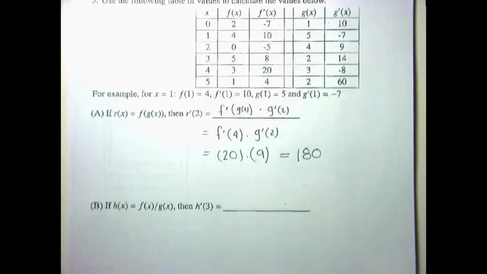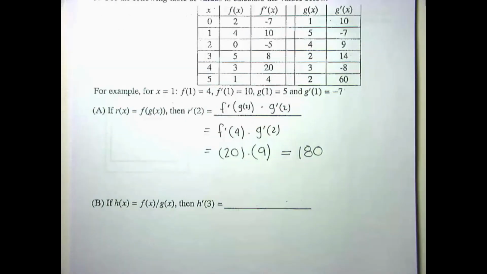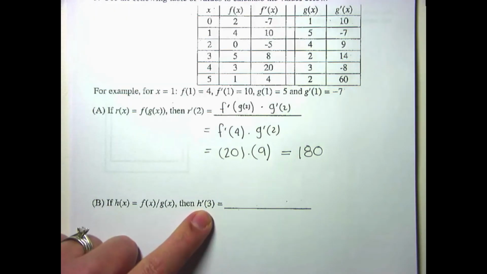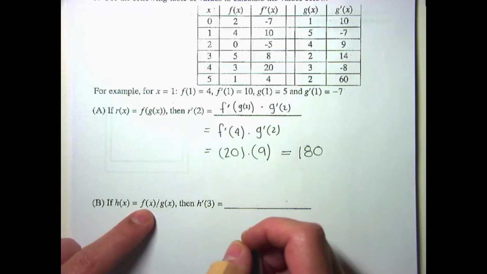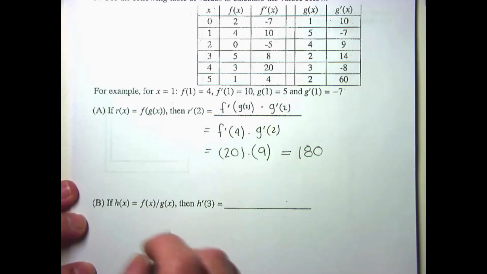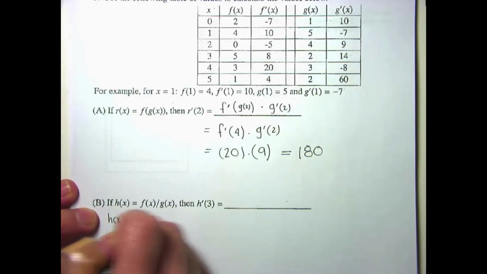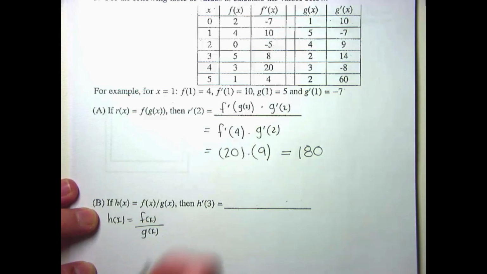All right, part B. We'd like to calculate h prime of 3 for h of x defined to be f of x divided by g of x. So that means we're going to use the quotient rule here. So by the quotient rule, the derivative is going to be derivative of the top. I hate slant fractions like this. H of x is equal to f of x over g of x, of course, right?